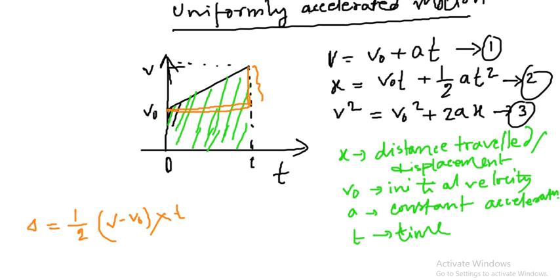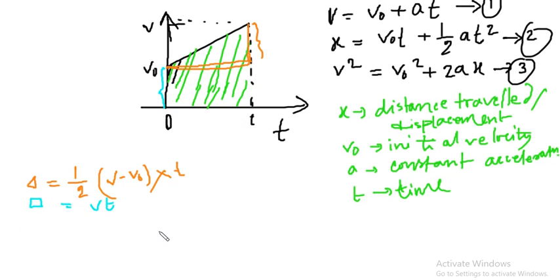Now what is the area of the rectangle? Area of the rectangle is this side of the rectangle is v0 and this side is t, so it is just v0t. So total area under the vt curve is x.